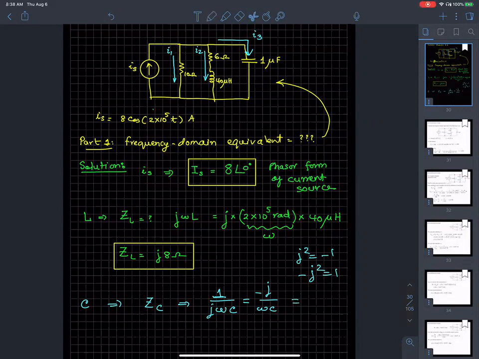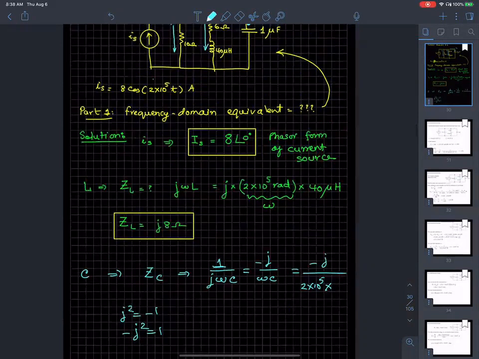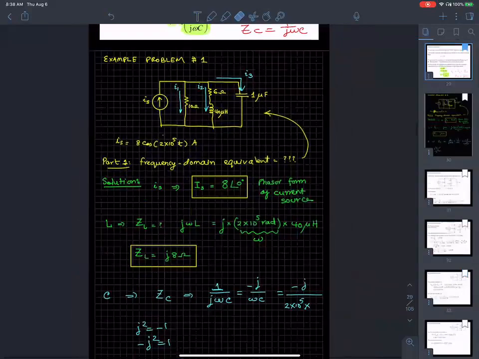So which is going to be negative J over omega, which is 2 into 10 to the 5 into C. What's the value of capacitance given to be? The value of capacitance is given to be 1 microfarad. So I'm going to plug that capacitance in here.